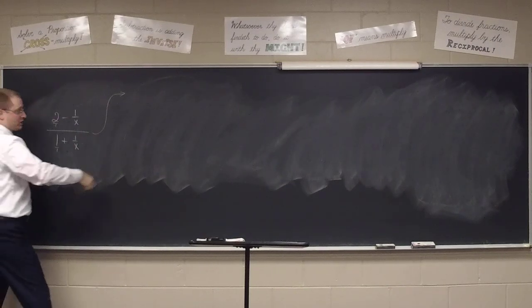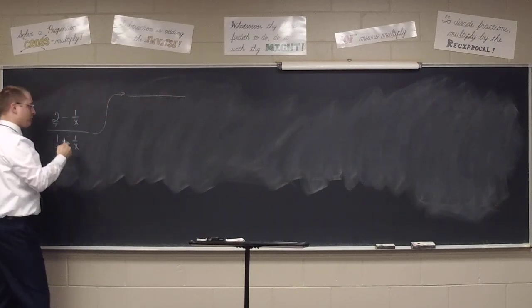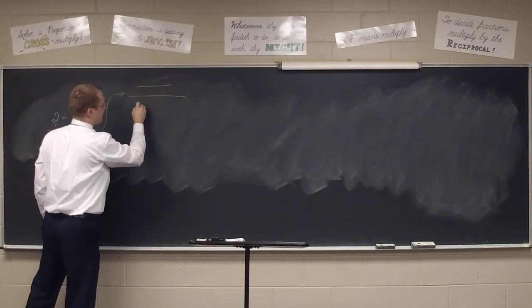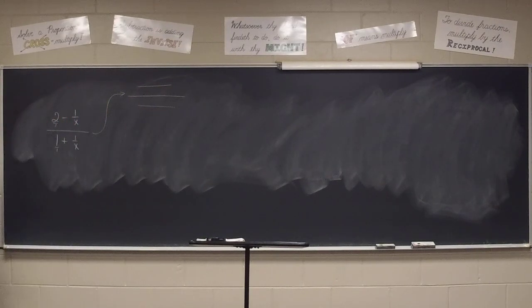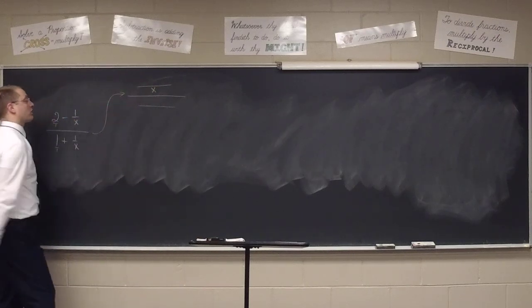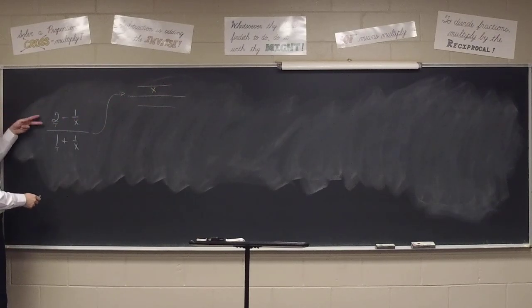We want one fraction in the top. We want one fraction in the bottom. Draw your two fraction bars. What goes under the fraction bar in the top? Maddie? And in order to make that happen, what do I have to do here?